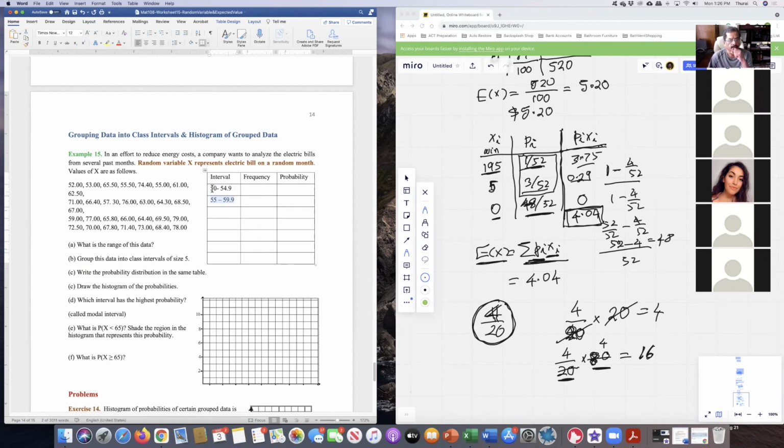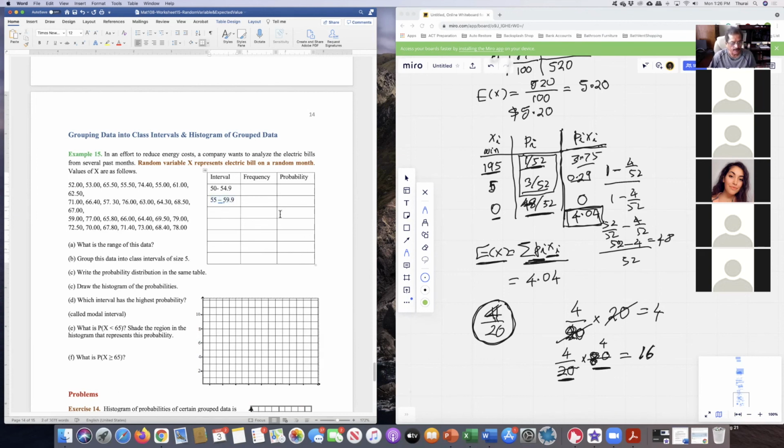So this one goes from 50 to under 55, everything under 55. You cannot say what is the largest number under 55, so we write 54.9 to indicate that we are counting everything under 55. And then 55 will be counted in the next interval, all the way to under 60.